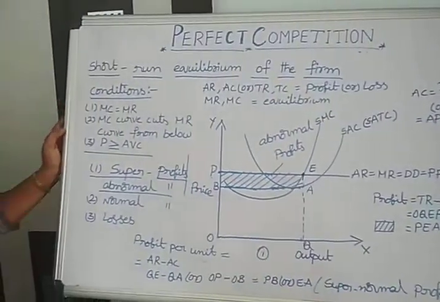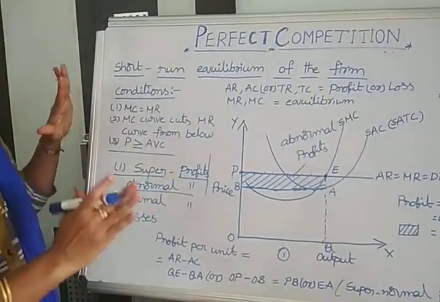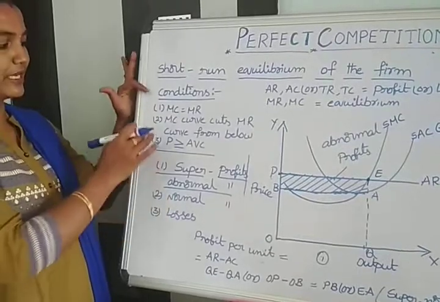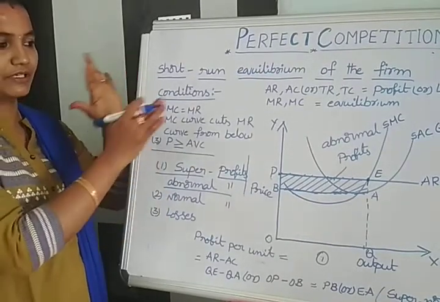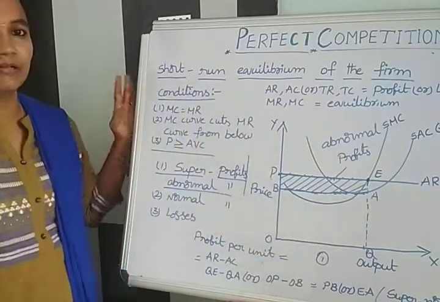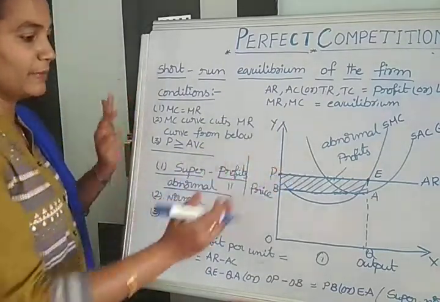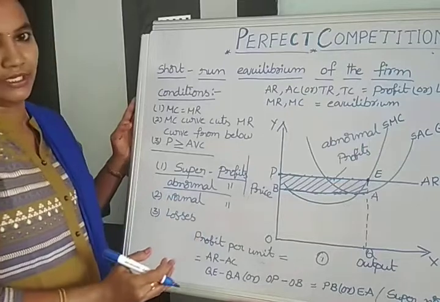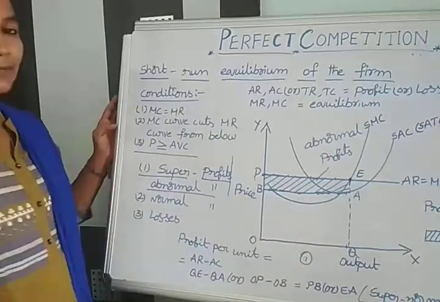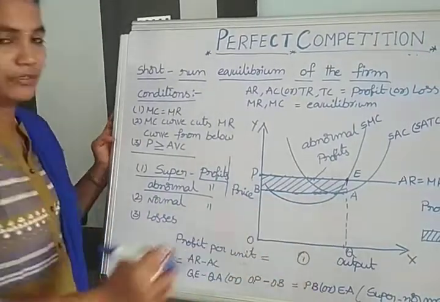So here we are doing only one thing. First we apply our conditions for reaching equilibrium. Once we reach equilibrium, based on the equilibrium position we find the output, how much they are producing.